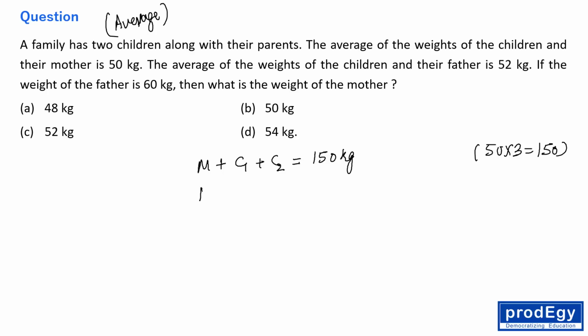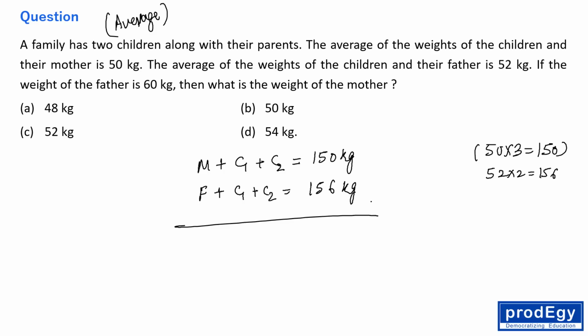Now, after that, the average of weights of the children and the father is 52. So C1 plus C2 plus father is 52 into 3, which is 156, right? So this is equation 1 and equation 2. So subtracting equation 1 from equation 2, equation 2 minus equation 1, you will be getting father minus mother is 6 kg, right?